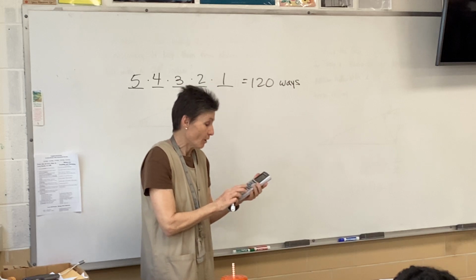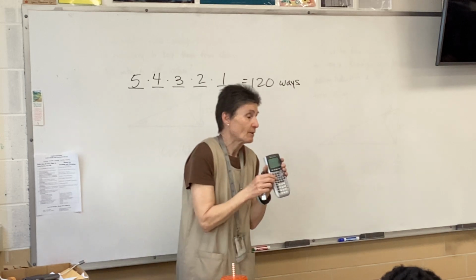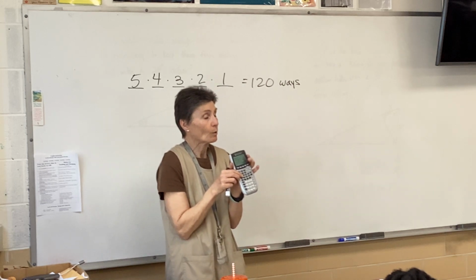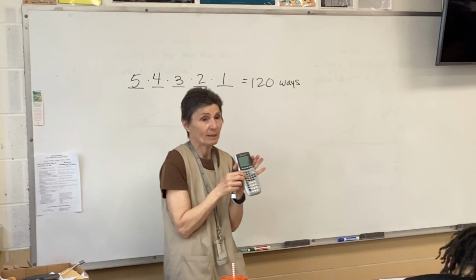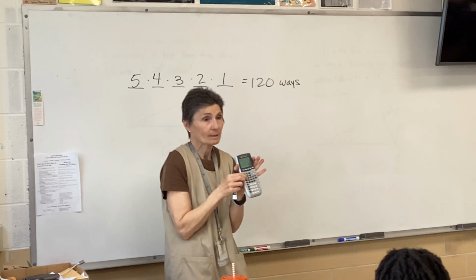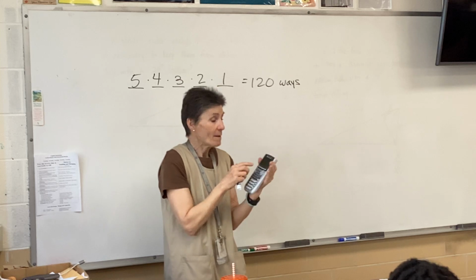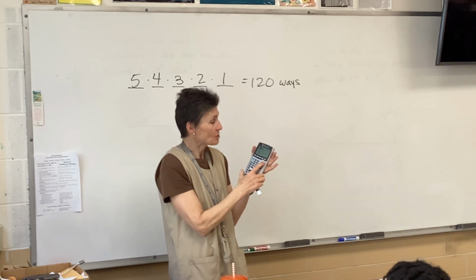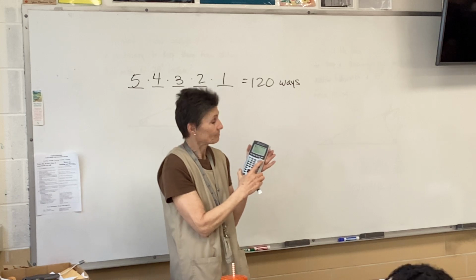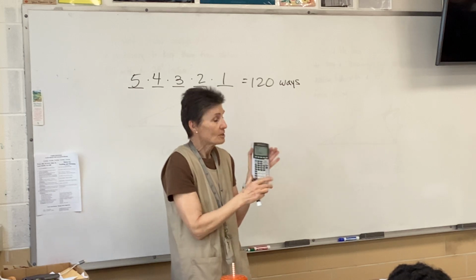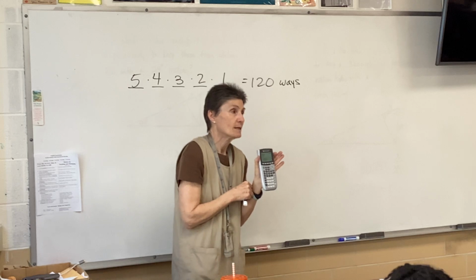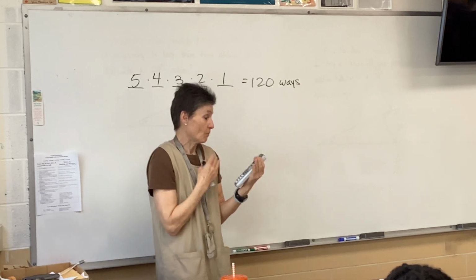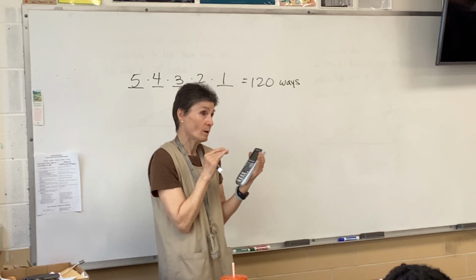So, if you get your calculator out, go to your math button right here, the menu across the top, there's different menus. The last one is probability. So click over to probability. The fourth, for me it's the 4th, the exclamation point.